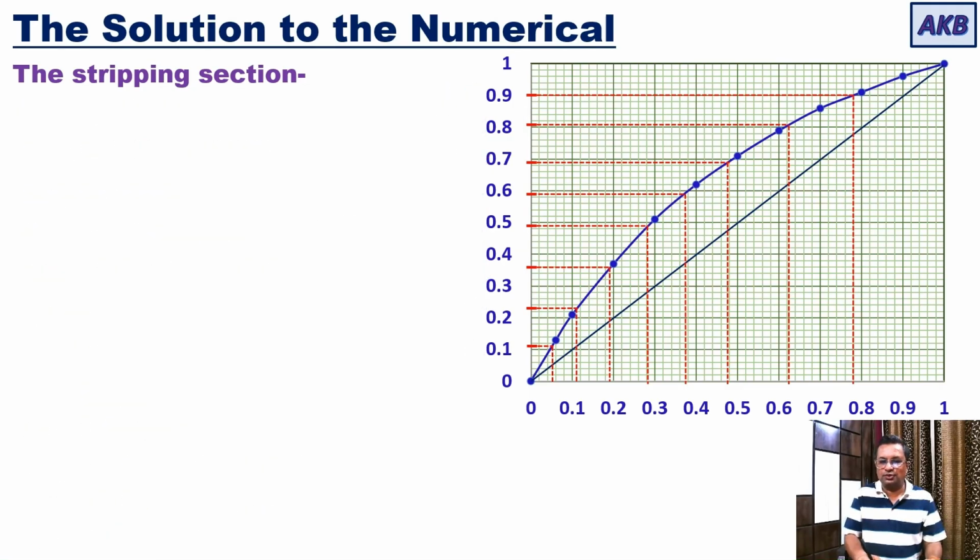Okay, so let me first write what we have obtained so far. So this is first stage, this is second stage, this is third stage, this is fourth stage. Fourth stage is the feed plate, and then you have fifth stage, sixth stage, seventh stage, and eighth stage.